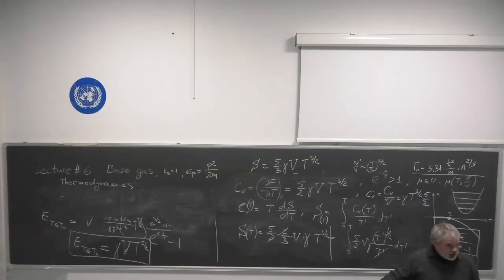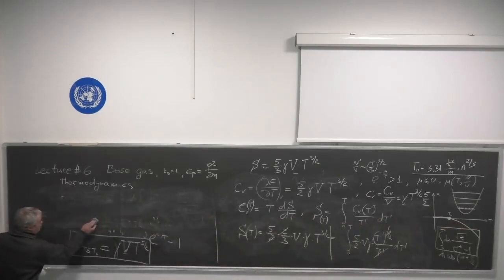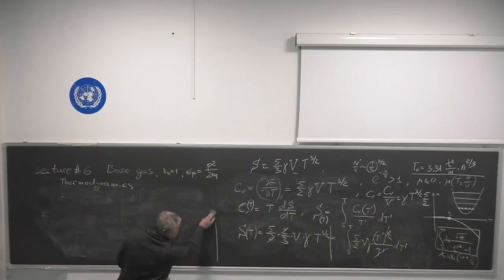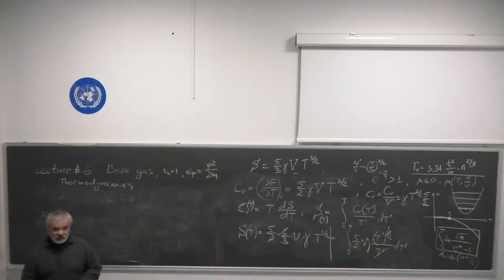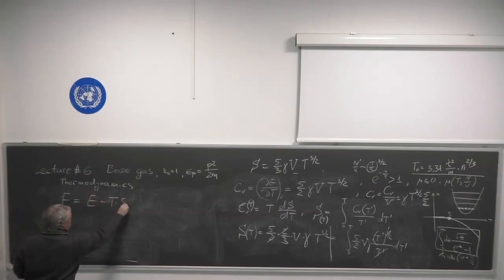What I need is to write the free energy, which is F. This is what I'm writing now. And of course, at the end of my calculations, I will exclude gamma. This is why I did not specify what gamma is. My final result will not contain gamma. So the free energy F is equal to E minus T times S.